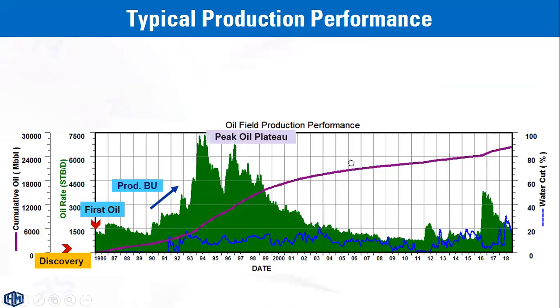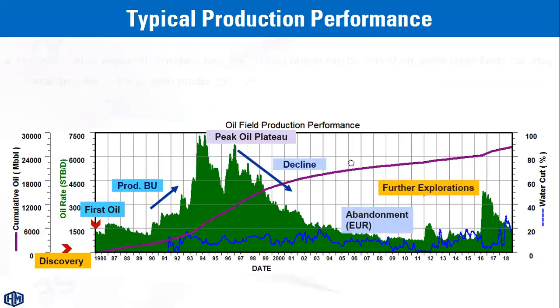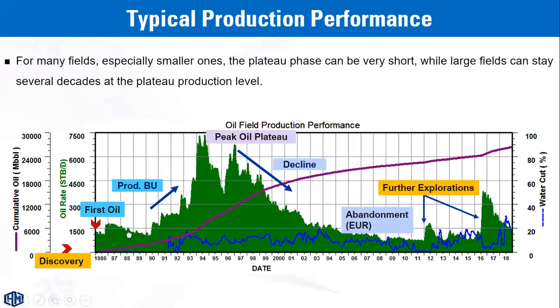So this is the typical production performance for every well, as you can see, and also already mentioned before. We typically have after peak oil production period, we have this decline period. We can analyze the decline data to predict the estimated ultimate recovery and remaining reserves.